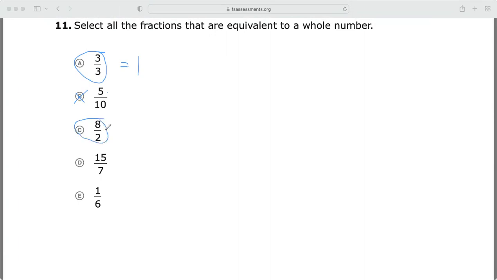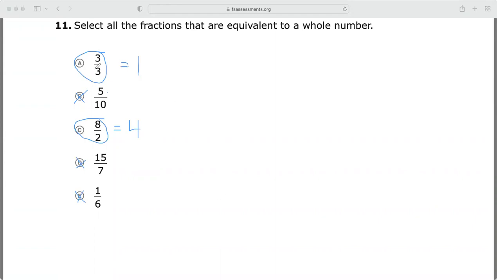This one is a whole number. 2 goes into 8. If you were to simplify this, that would be equal to 4. 8 divided by 2 is 4. Here, 15 divided by 7 is not a whole number. And 1 over 6 is just a fraction. It's not a whole number.